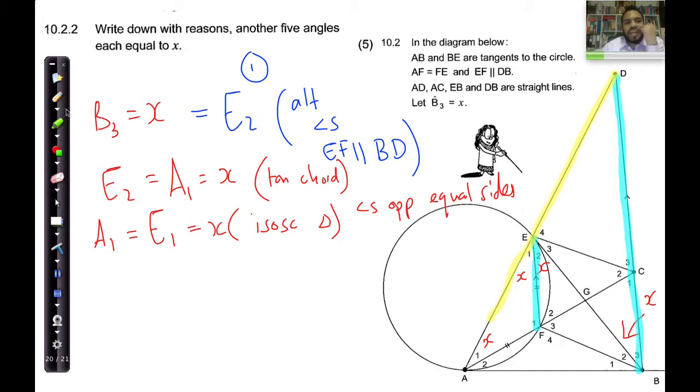That's going to tell me that angle D, based on what I just showed, E1, I can now say E1 is equal to angle D. E1 equals D. These are angles. And my reason there is going to be that is not alternate, but that is corresponding angles with the lines EF parallel to DB.